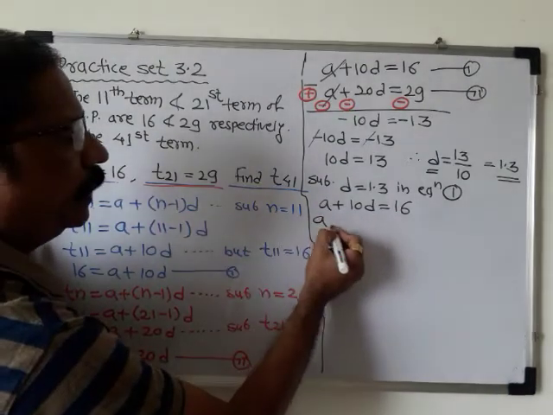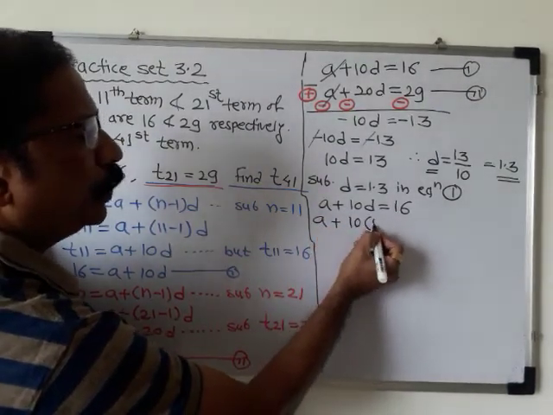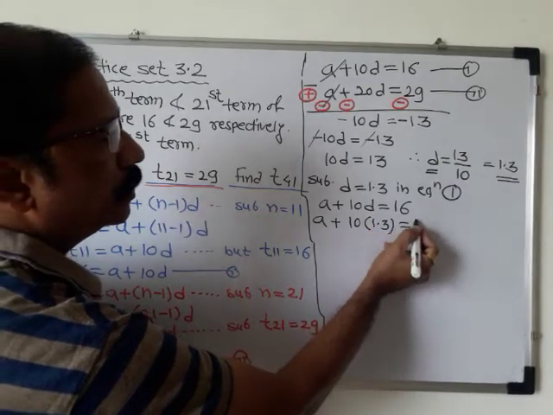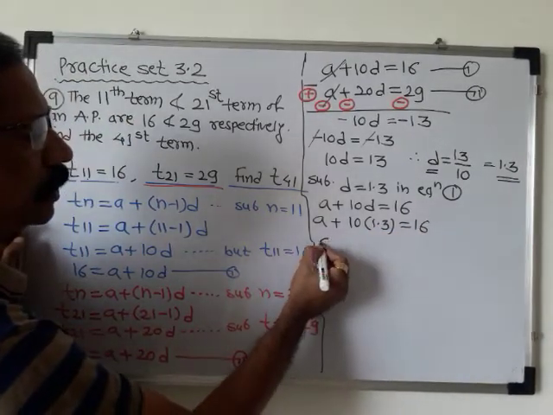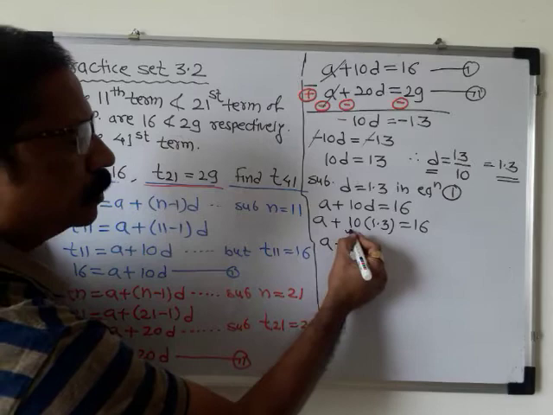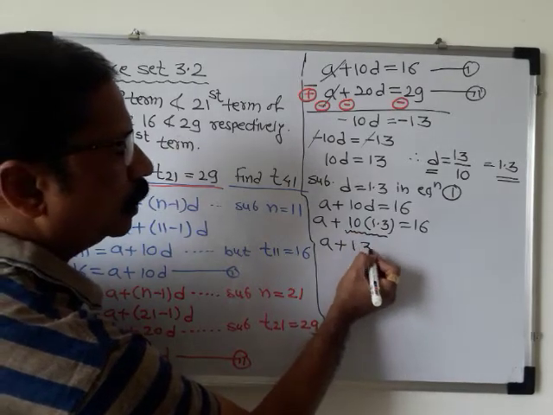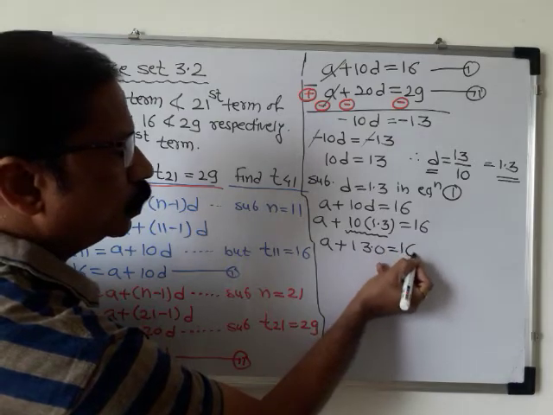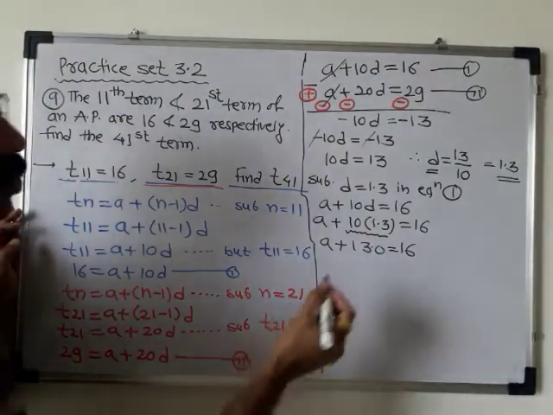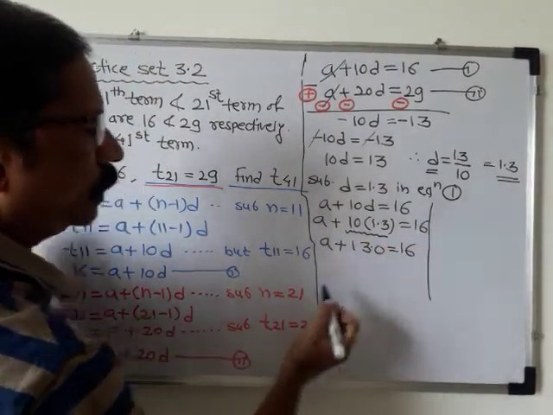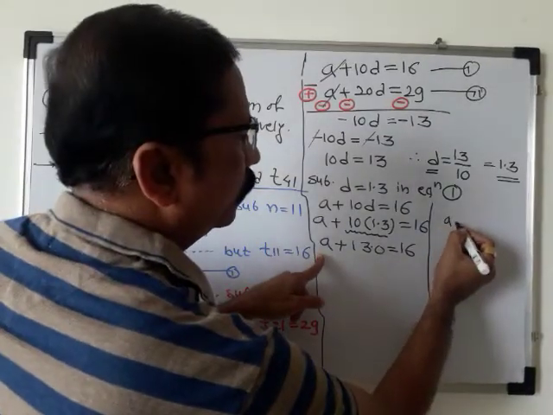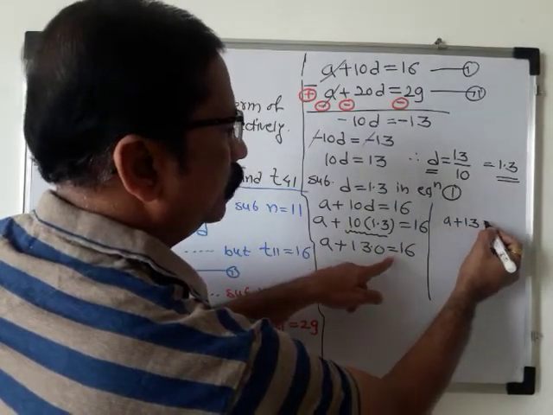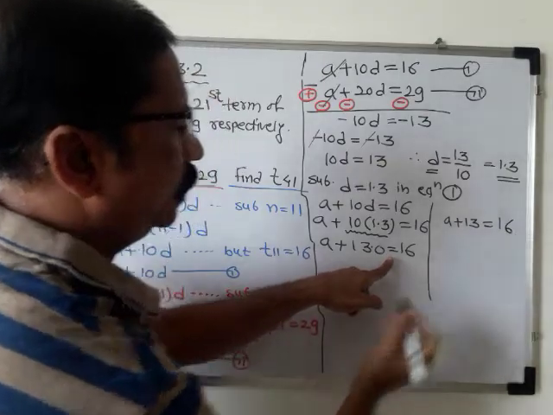So here I will get a plus 10 into 1.3 is equal to 16. That is a plus, the product is 130, decimal point after one digit, is equal to 16. So here you got a plus 13.0, which means 13 only, is equal to 16.